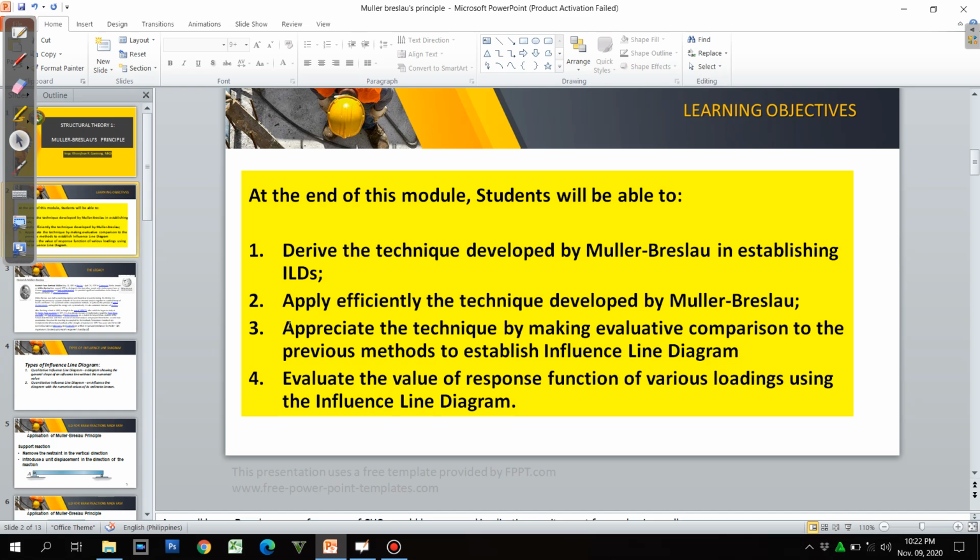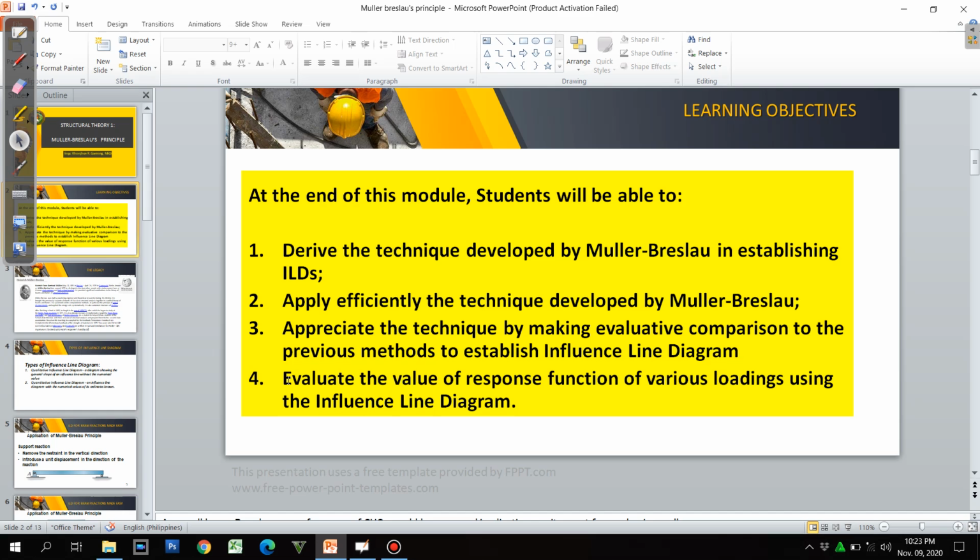So it was observed in our experience in ILD for reaction, shear, or moment that the procedure using the combined tabular method and the equilibrium method is quite tedious. So we do a lot of equations and tabulations and a sequence of calculations in order to establish our ILD. So this time, by and by, you will appreciate the method because comparing it to the previous one, it is so simple.